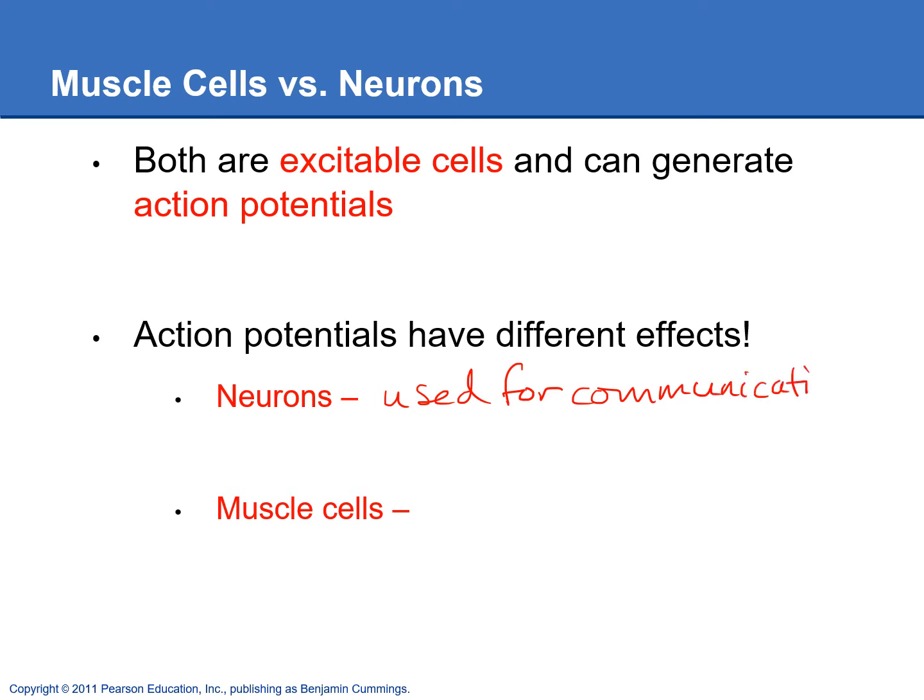So that'll stimulate the neuron to release the neurotransmitter and then talk to whatever the target cell is. But in the muscle cells, the action potentials that are generated in those cells will be used to cause contraction. So they both produce action potentials, but used for very different purposes.